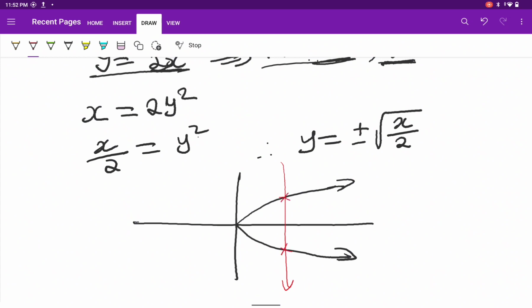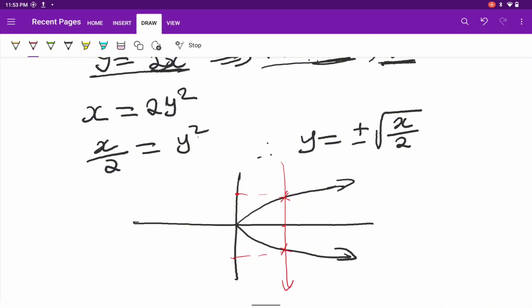So this inverse is not a function because it has one x value but two y values, this y value here and this y value there. So this is actually not a function because it does not pass the vertical line test, it has two y values, so it's one to many.